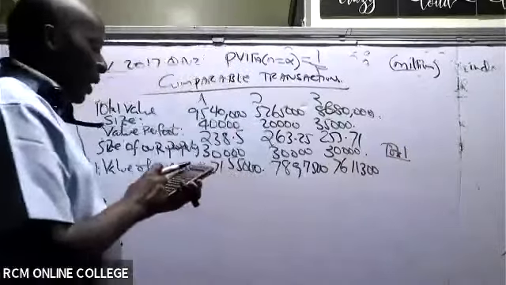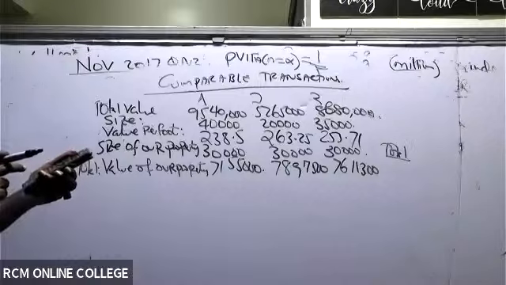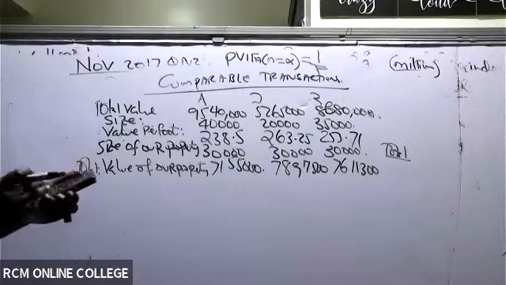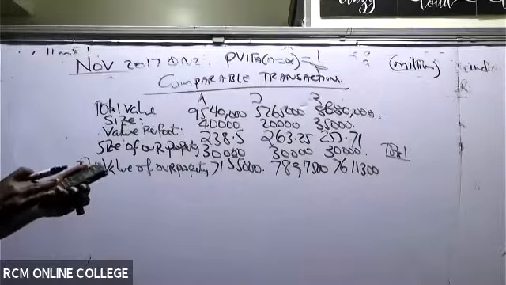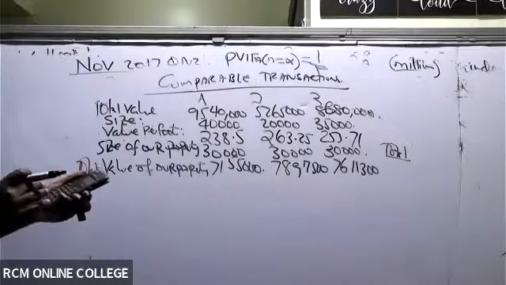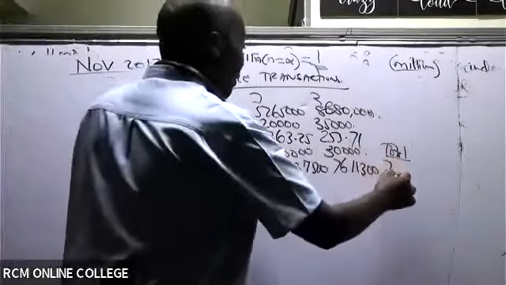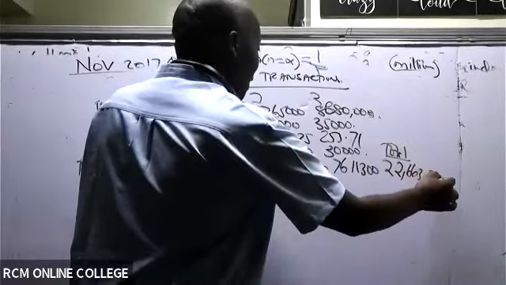The total here will be 7,897,500 plus 7,155,000 plus 7,611,300 equals 22,663,800.